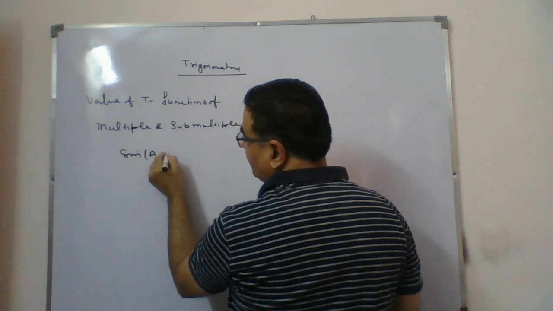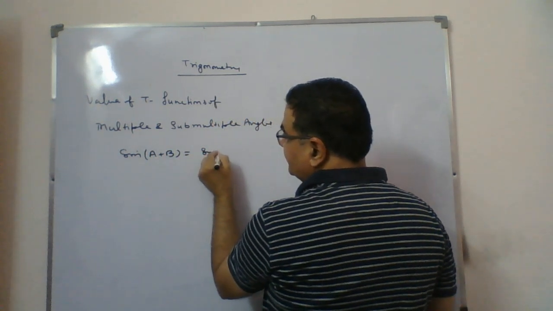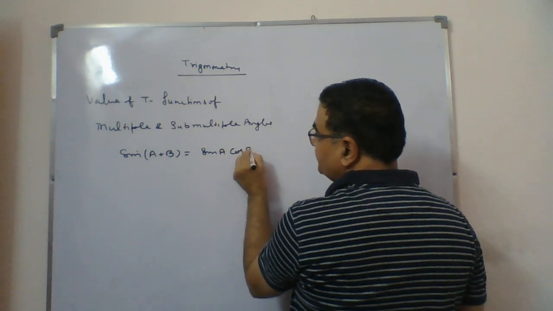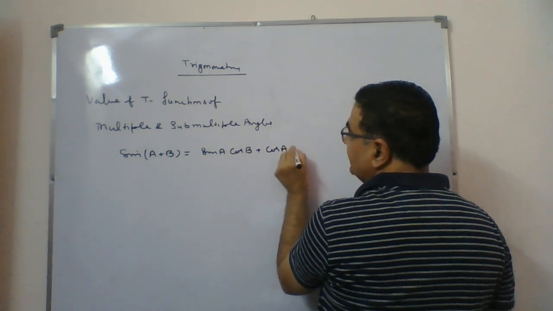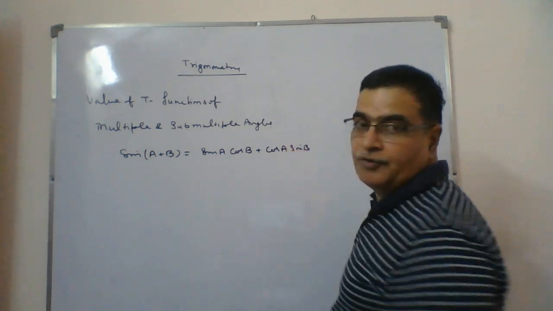We have done the formula sine A plus B. That comes out to be sine A cos B plus cos A sin B. This is the formula we have already done.